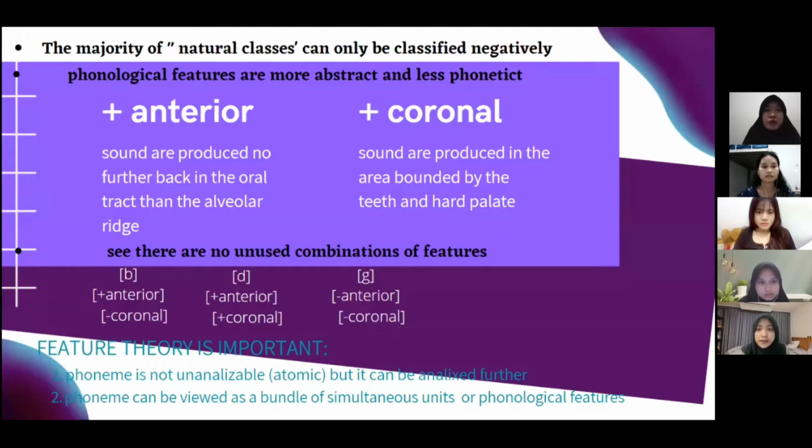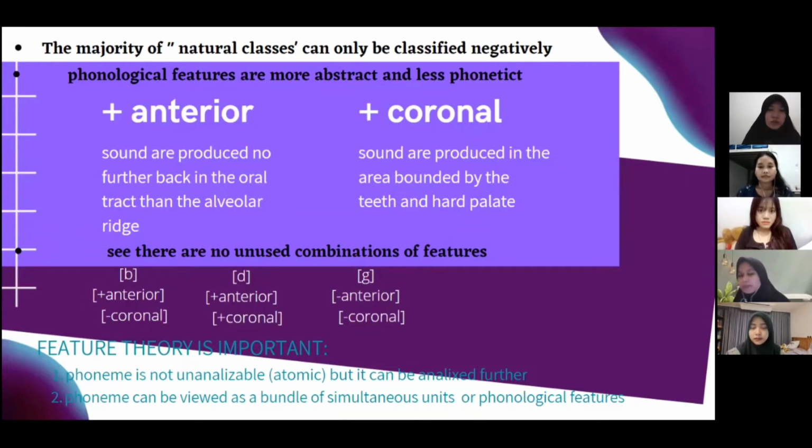The majority of natural classes can only be classified negatively. The negatively defined sets typically do not need to be referred to when analyzing phonologically. So the objective of phonological analysis is to state generalizations about phonological structure as economically as possible.